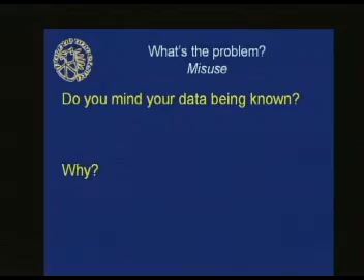Well, what's the real problem here? One of the things with privacy, we concentrate so much on this individual identifiability, which we aren't sure what it means. But if we think back to what we said privacy was all about, it's individually identifiable and an intrusion. There's got to be some potential for misuse or some potential for harm. I mean, do you mind your data being known?